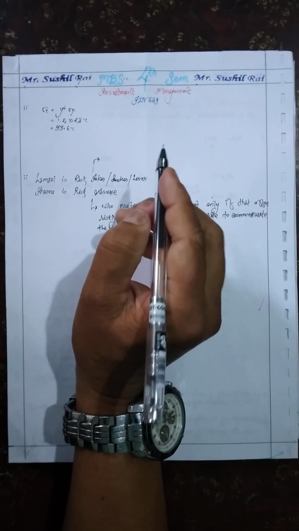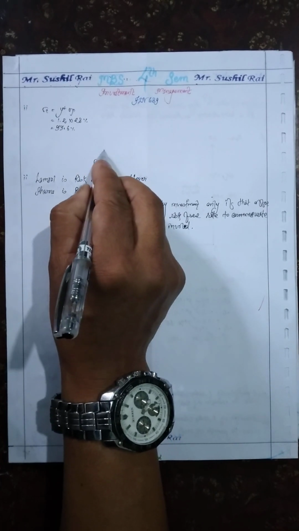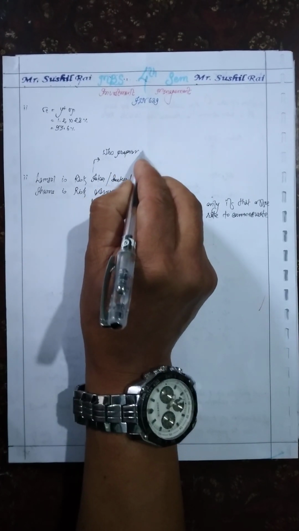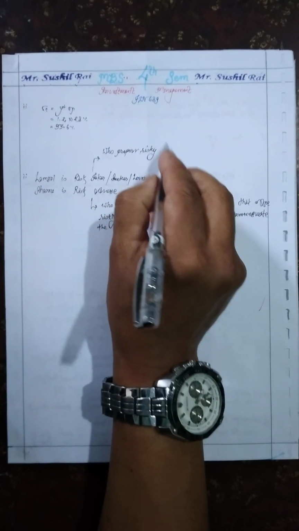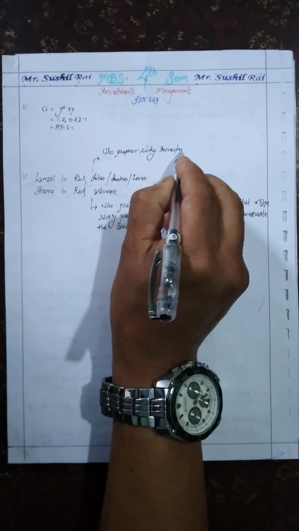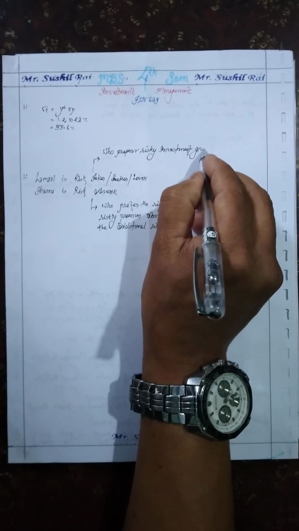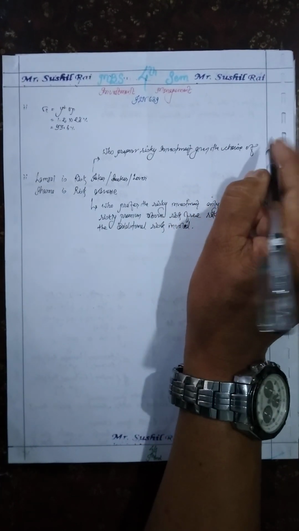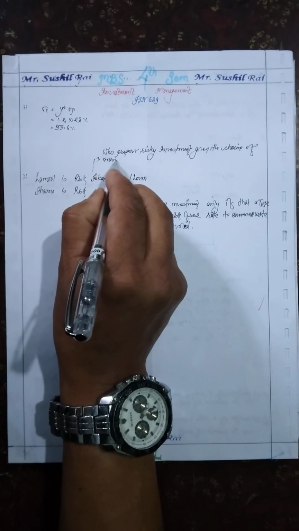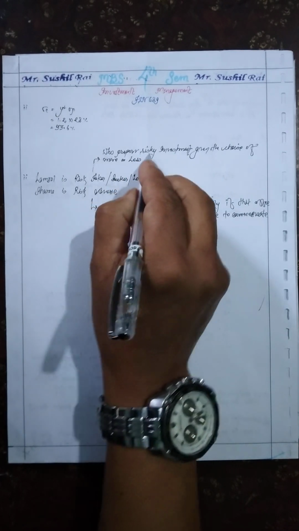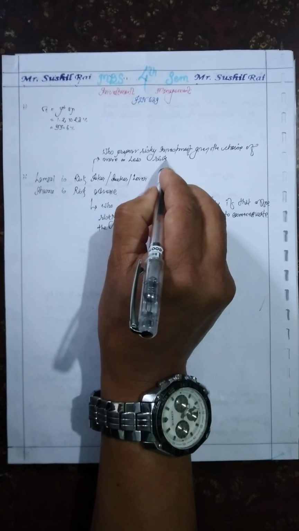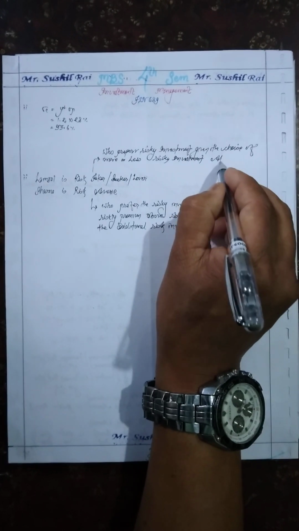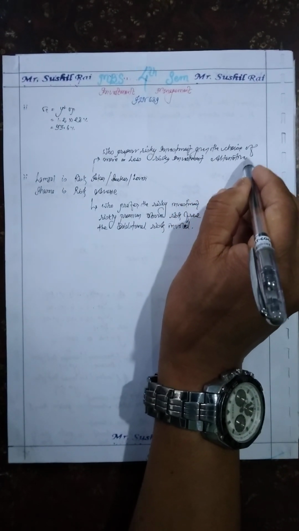A risk seeker is one who prefers the risky investment, given the choice of more or less risky investment alternatives.